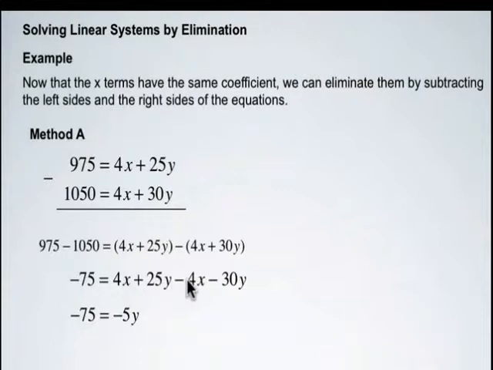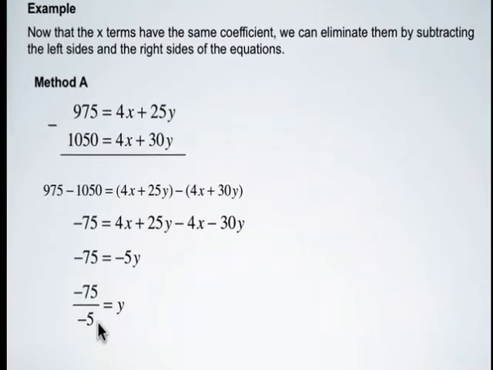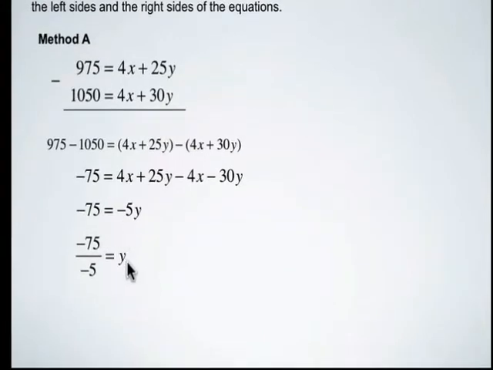So 4x minus 4x results in the x term being eliminated, and that's why this process is called elimination. And 25y minus 30y is equal to negative 5y. So now we're going to divide both sides by negative 5, and we end up with y is equal to 15.